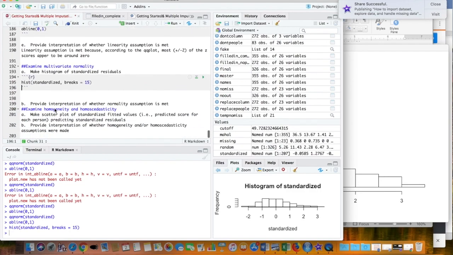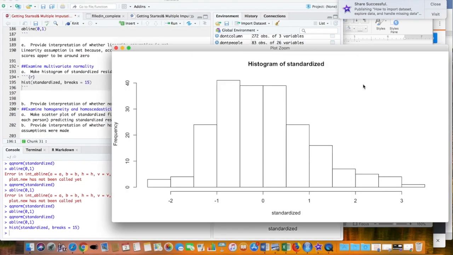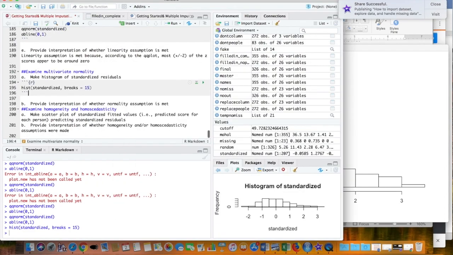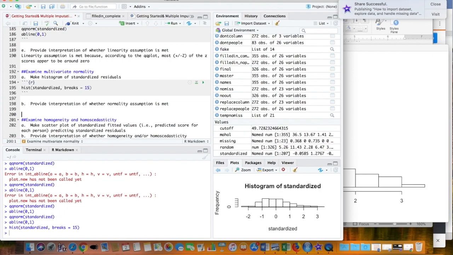In terms of these standardized residuals, what we want is most of the data to be around 0, which appears to be what it seems to be. Most of them are pretty close to 0 here. What would be a problem is if we had the distribution be negatively skewed over here or positively skewed over here. So the normality assumption is met.